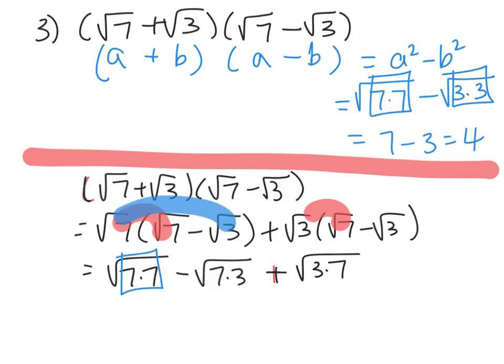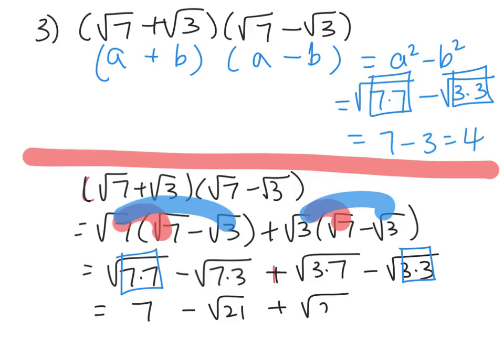And then the last one is going to be like this, which is positive, there you go, positive times a negative is a negative. So it's going to be minus square root of 3 times 3. You know, whenever I see the opportunity to put boxes, I just do it right away. So there you go. 7 came out. Negative square root of 21 plus square root of 21 minus 3.